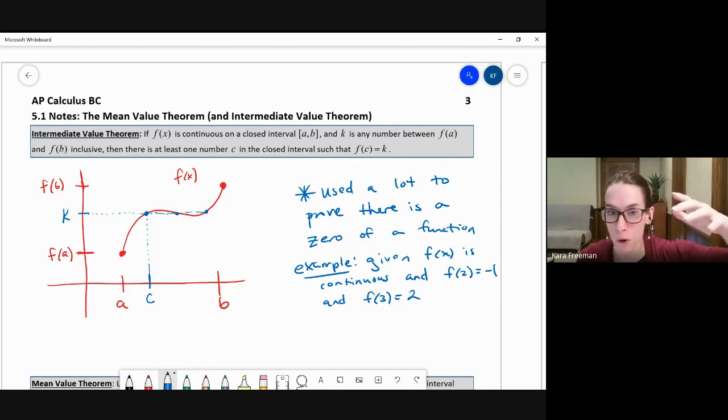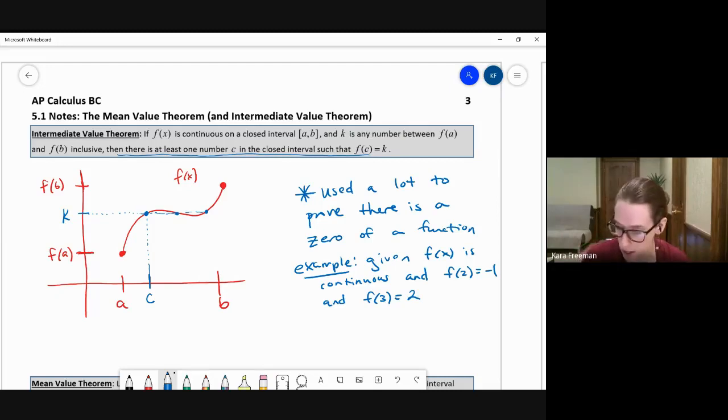We're looking for a zero, so think of the k value as 0. Is 0 not between -1 and 2? Right? My y values of -1 and 2? Yes. Since my function is continuous, what the intermediate value theorem says is that there must be at least one value between 2 and 3 such that f of c equals 0.